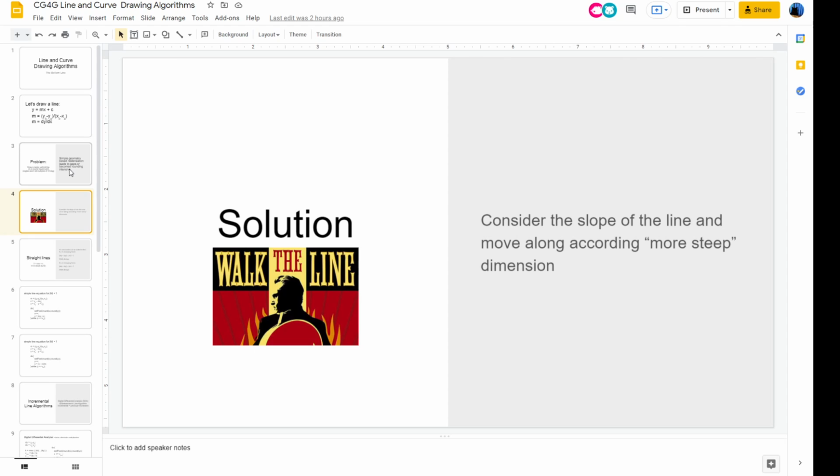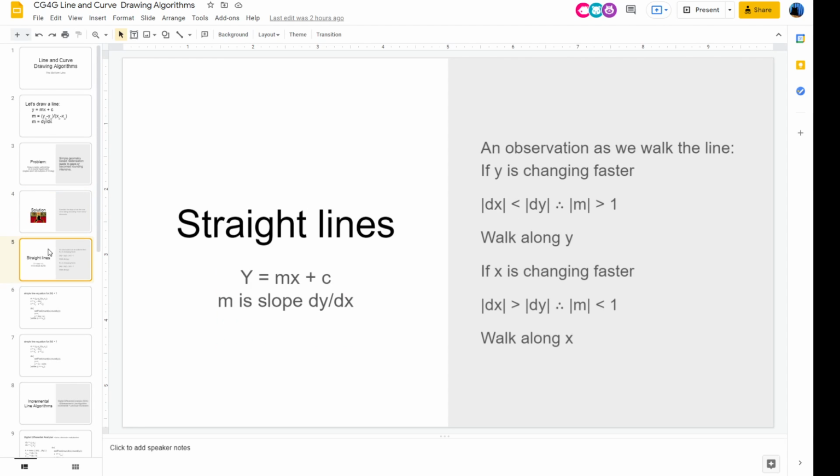To fix that problem, we consider the slope of the line, and when we're walking along the line, we want to move according to the steeper dimension. You basically decide whether to solve for y or solve for x, depending on what the slope of the line looks like.